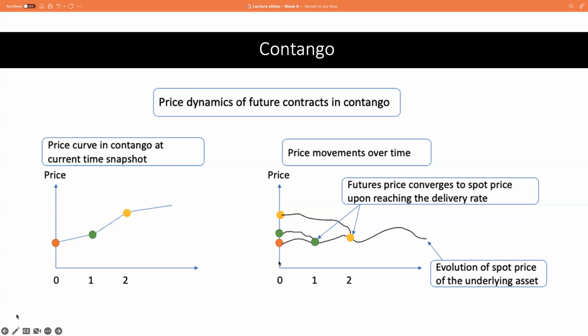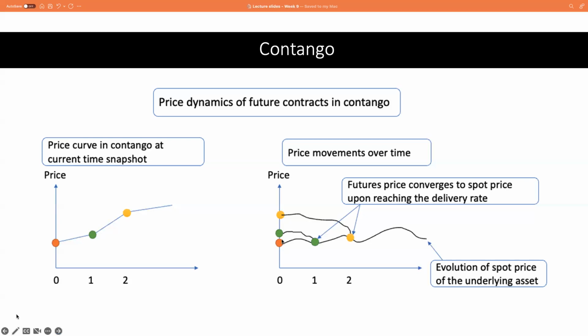If we look at the initial time point, which is 0, at this point we have 3 contracts. This is the current asset price, and we have 2 different futures contracts. This is the longer maturity date, and this is the shorter maturity date, which are placed above the current spot price, right?